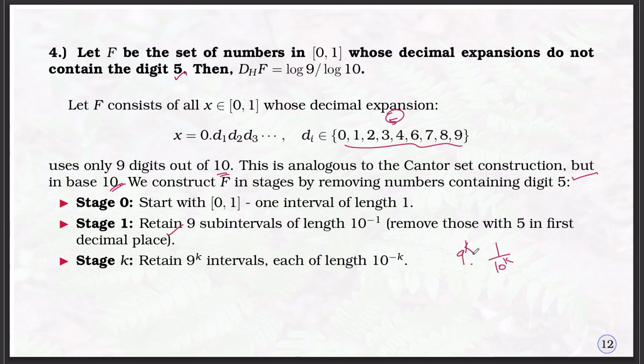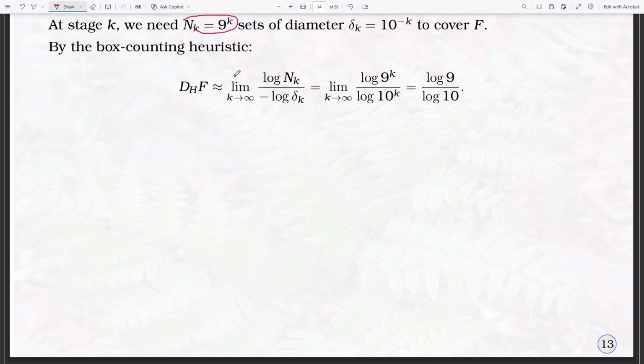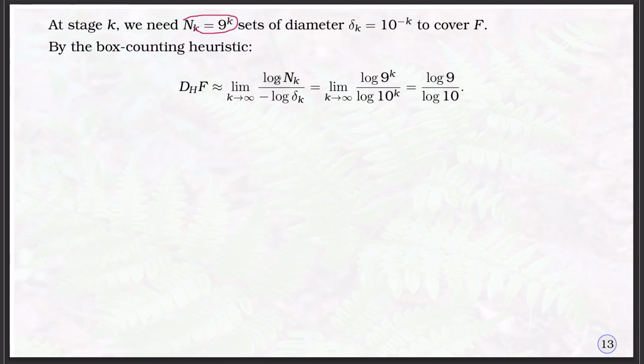By the box counting heuristic method, we can easily say the Hausdorff dimension of F is equivalent to the limit as k tends to infinity of ln nk by ln delta k. So the limit of ln 9 power k by ln 10 power k is equal to ln 9 by ln 10.